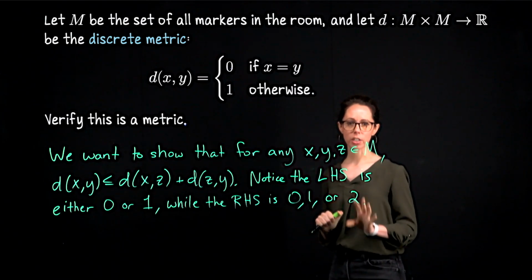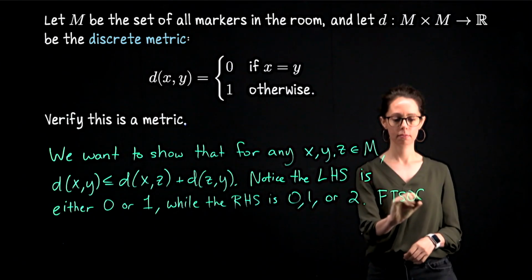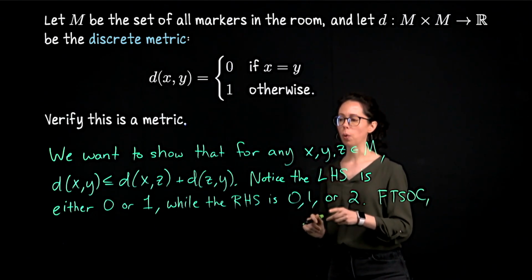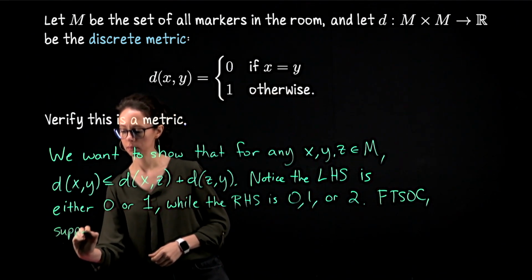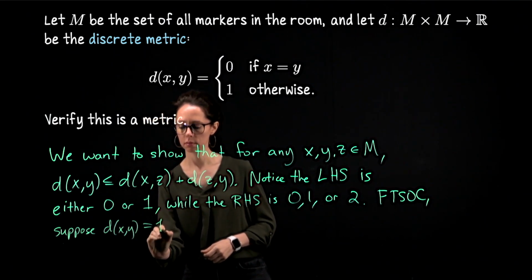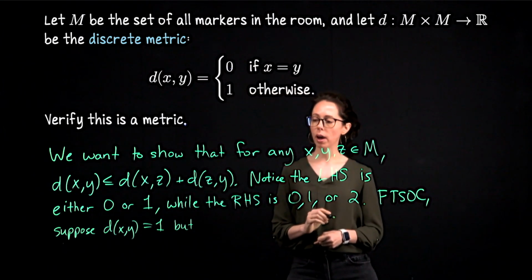So for the sake of contradiction, suppose d(x,y) is 1, but d(x,z) plus d(z,y) is 0.